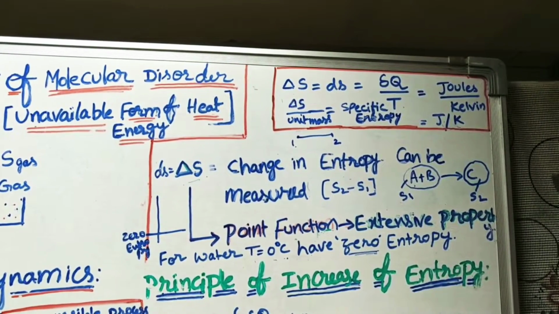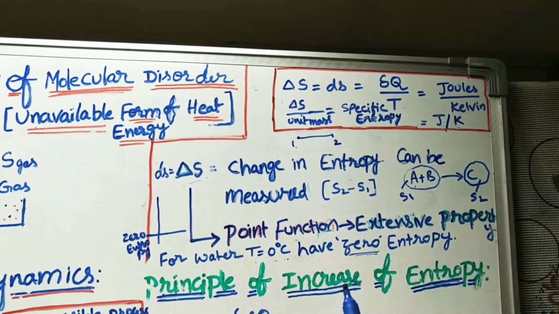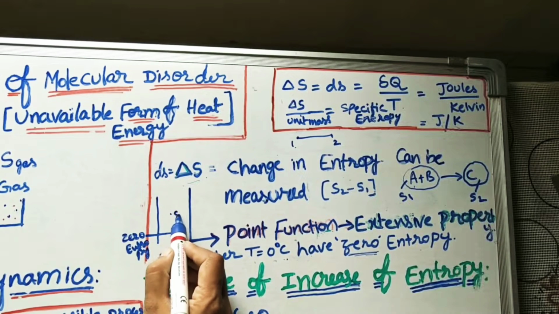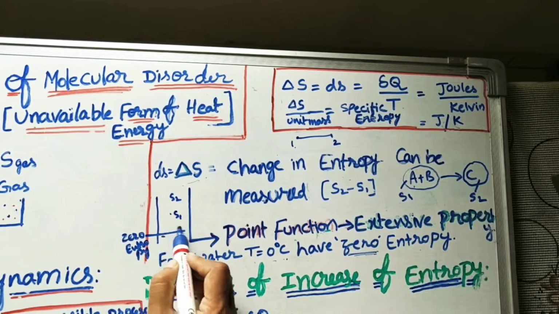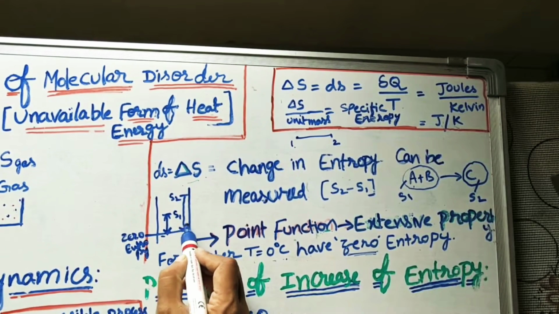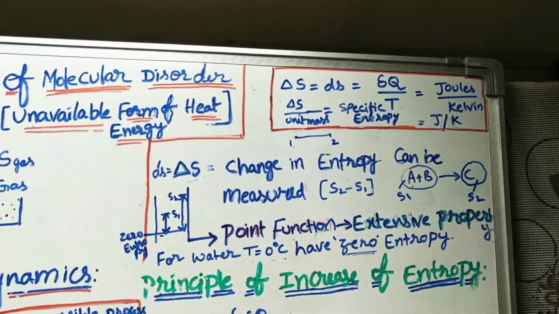So always remember at T equal to 0 absolute temperature the entropy value is 0. We measure from this height to give the S1 value, this height to give the S2 value like that. So 0 entropy is a reference line.